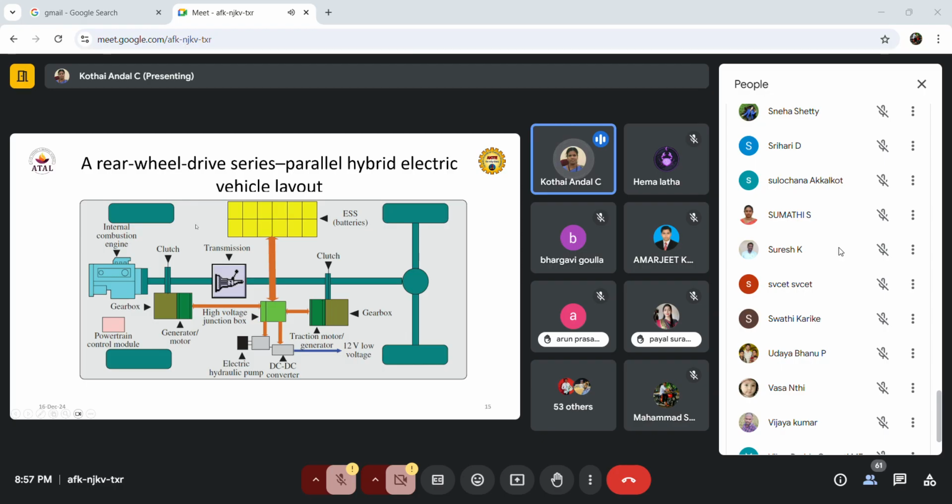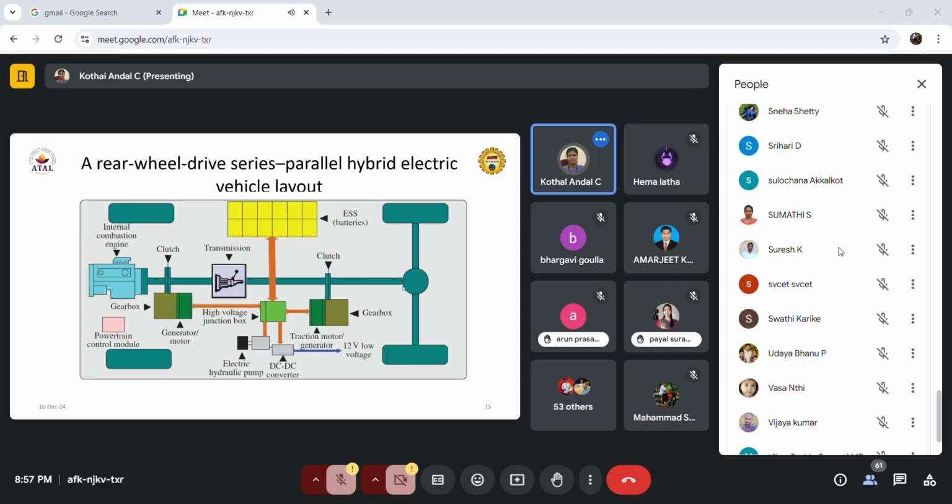In this path, the mechanical power of the engine is converted into electrical power through the generator. Then the electrical power can flow to the battery, ESS, or to the driving mechanism. That means the operations happen simultaneously: it will charge the battery as well as drive the vehicle.